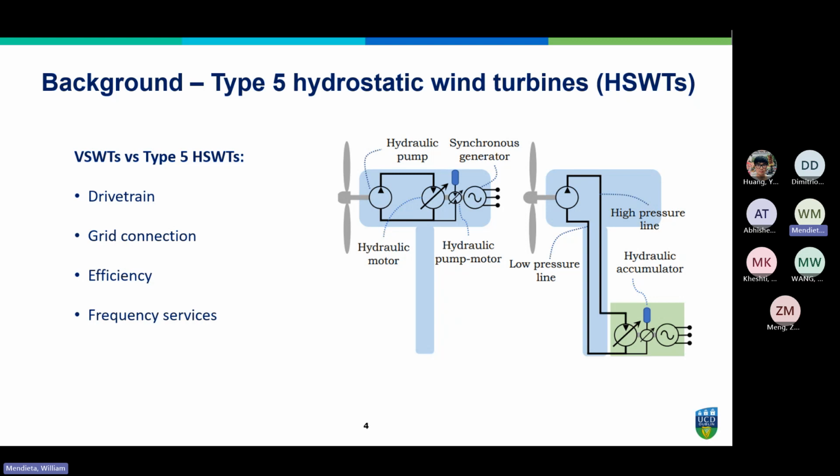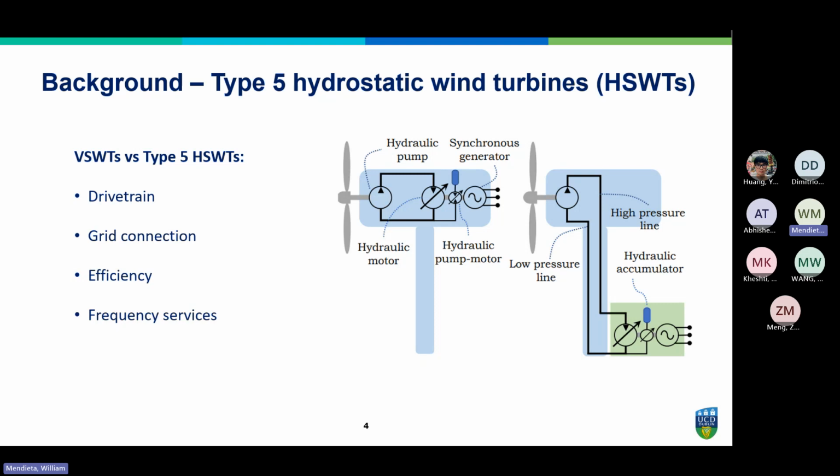Nevertheless, apart from the synchronous attributes of hydrostatic wind turbines, they do offer various advantages over variable speed wind turbines that may compensate for their low efficiency, such as improved system reliability and flexibility.